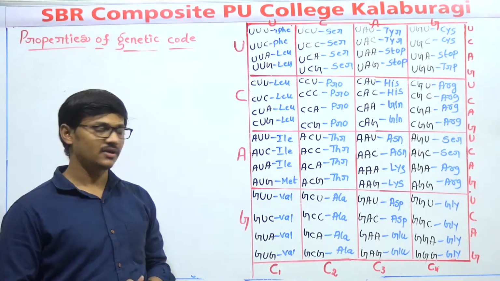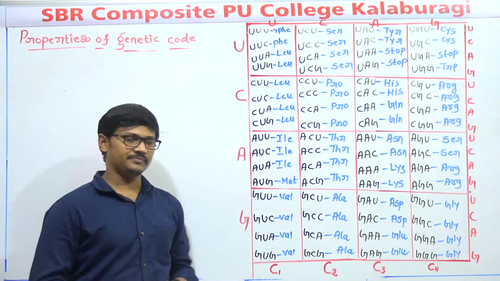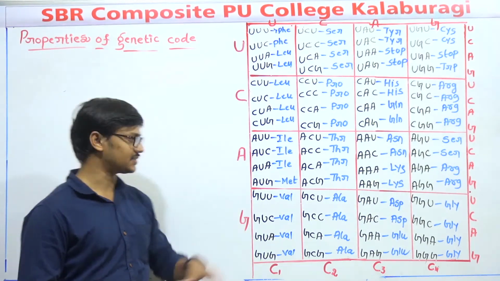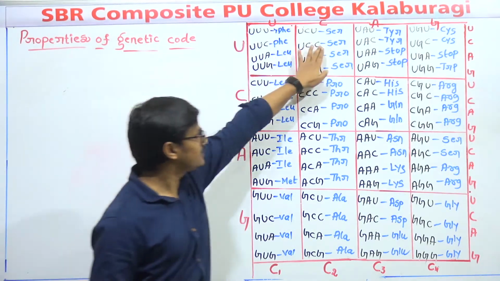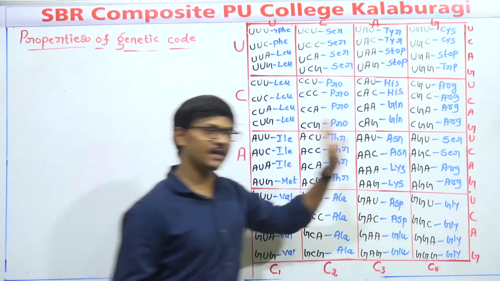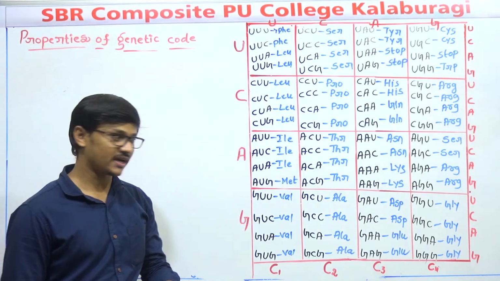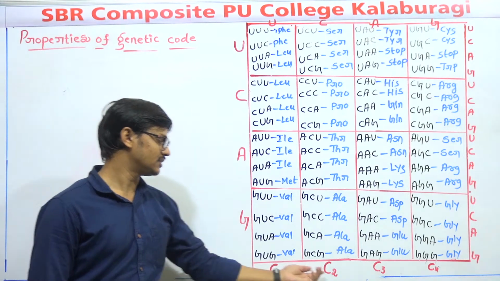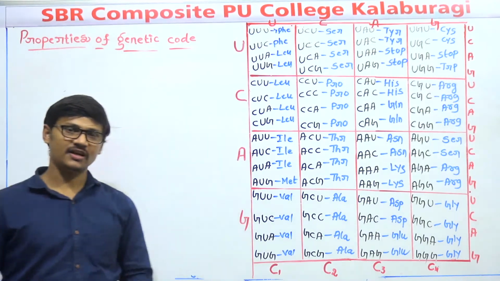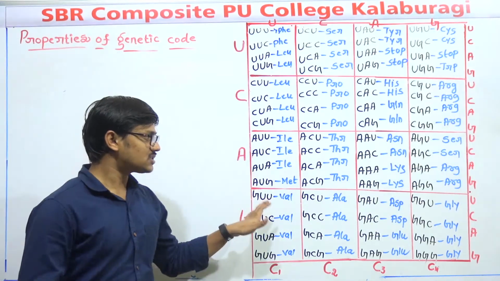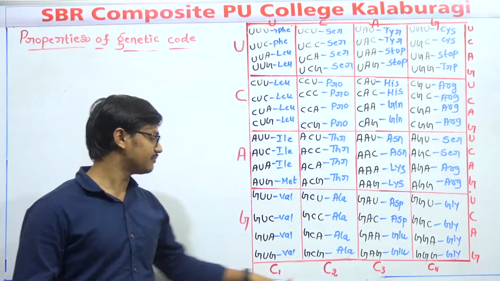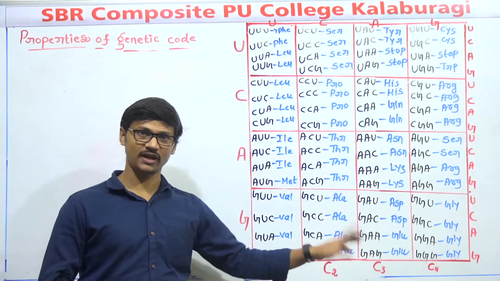If you see this table, there are 4 columns: column 1, 2, 3, and 4. We will try to remember all these amino acid names as well as the genetic codes column by column.